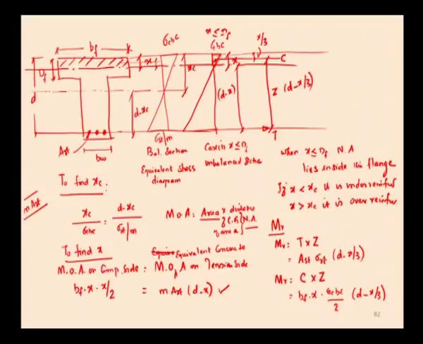So, this is the moment of resistance of the T section when the neutral axis lies within the flange. This is equivalent to the moment of resistance of the rectangular section.